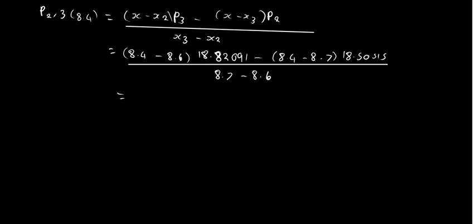I'm redoing the calculations differently from how I did them, because I made a mistake on my end. So it's going to be negative 0.2 times 18.82091, this is negative something, minus open brackets negative 0.3 times 18.515, punch that on the calculator, then this divided by 0.1 will finally give us 17.87.